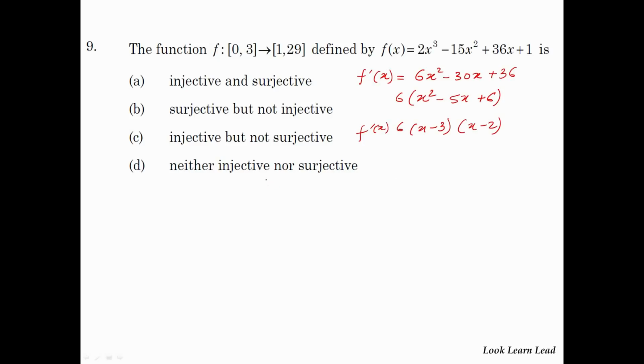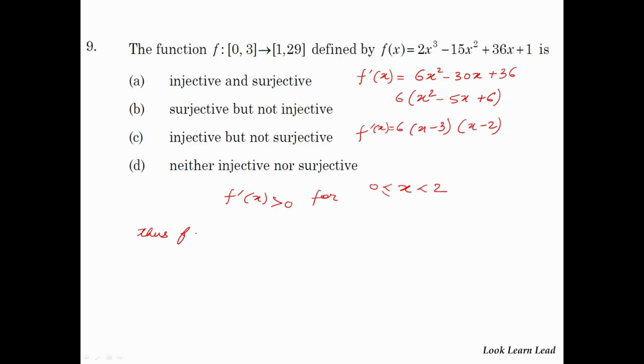Now see, for f dash x greater than 0, you have to check for x lying between 0 to 2. When x lies between 0 to 2, f dash x is greater than 0. We put the values over here and you can check it. First put x equal to 0, and it is greater than 0.